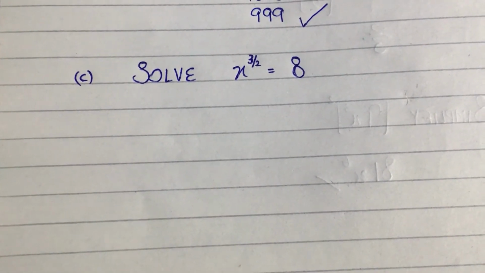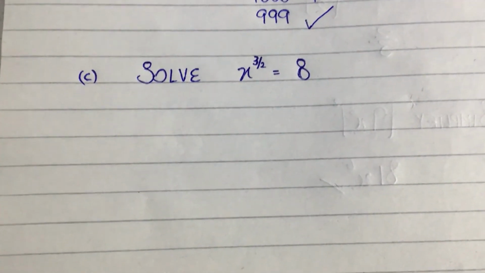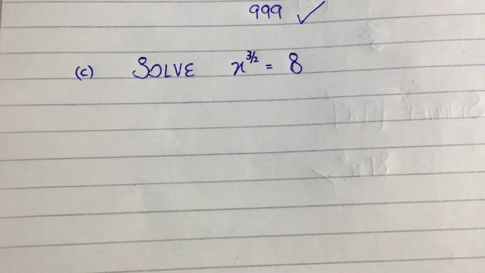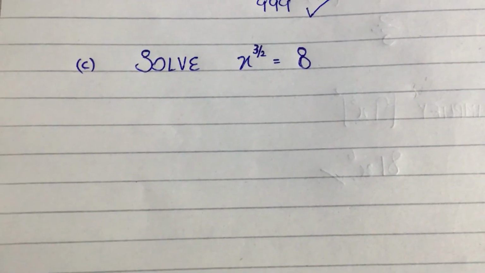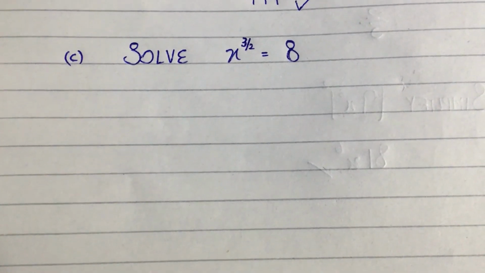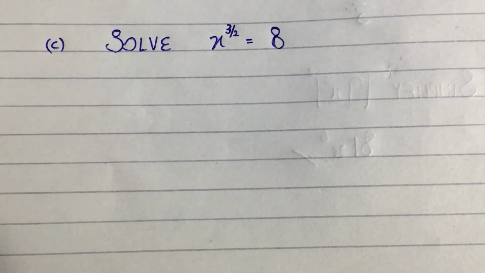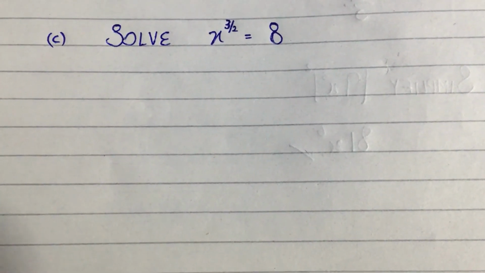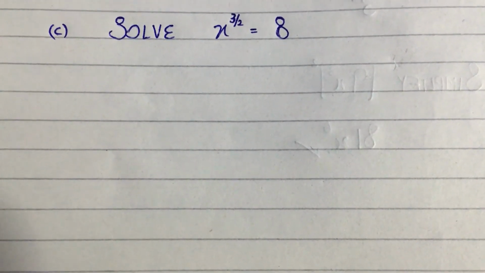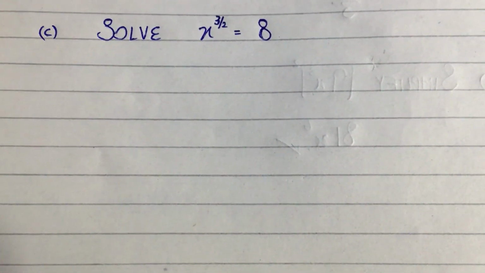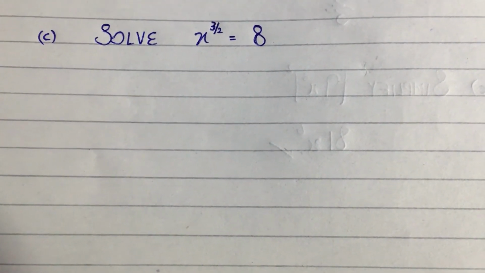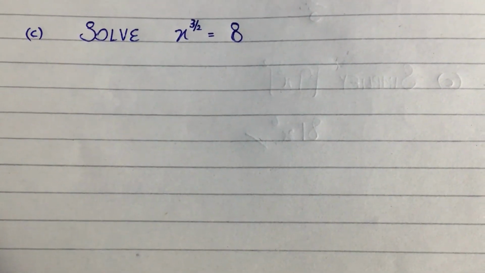Part C, the last part, says solve x power 3 over 2 equals 8. The simple way of solving such questions is to somehow make the power of x into 1. How do you do that? If you notice, we need to multiply 3 over 2 with 2 over 3 to make it 1.